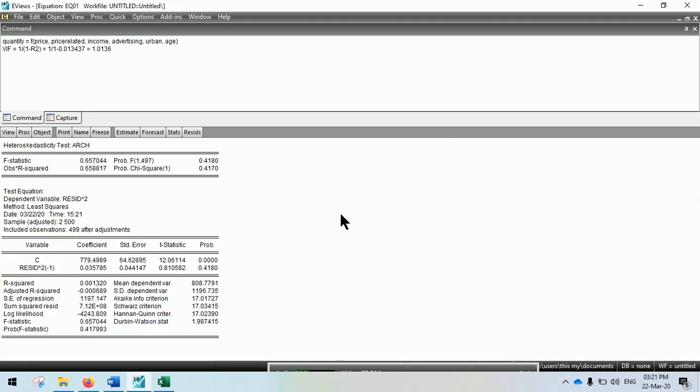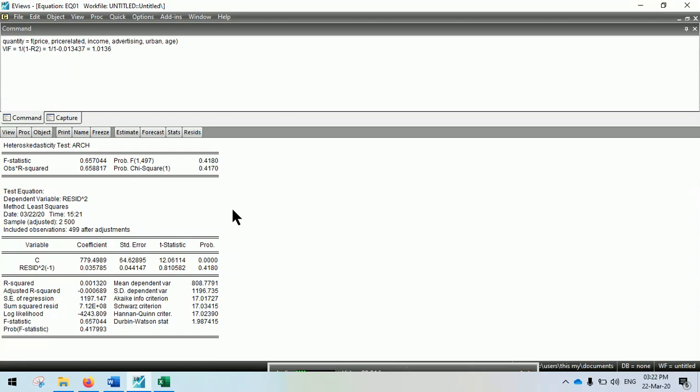Okay. So here, as we can see, the probability of chi-square is above 0.05. So we have the null hypothesis: there is no heteroscedasticity problem, and H1: there is a hetero problem.